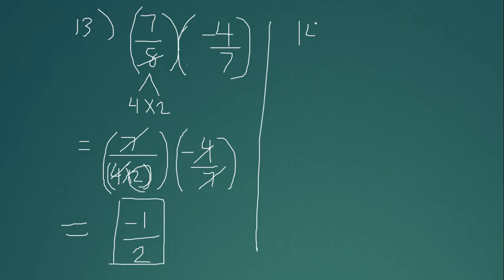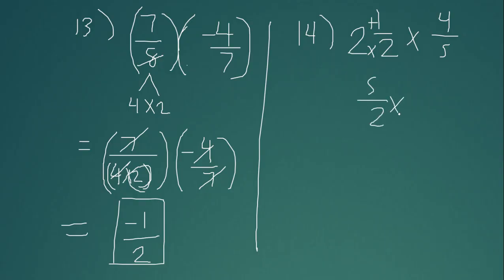Last 2. Number 14. How about 2 1/2 times 4/5? So, improper. 2 times 2, 4, plus 1 is 5, 5 halves, times 4/5. I use cancellation method. Ang factor nito ay 2 times 2.